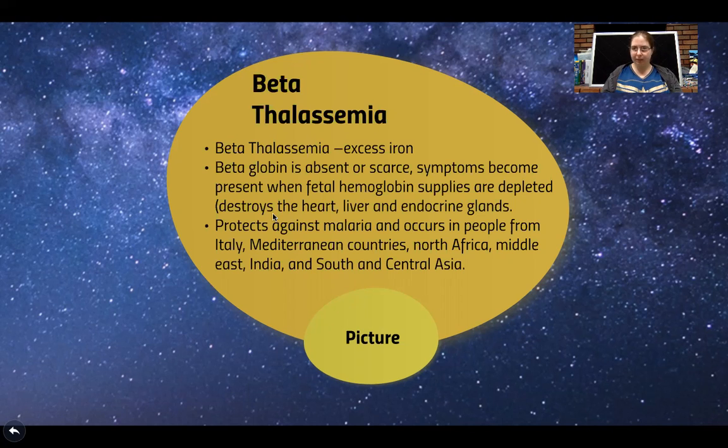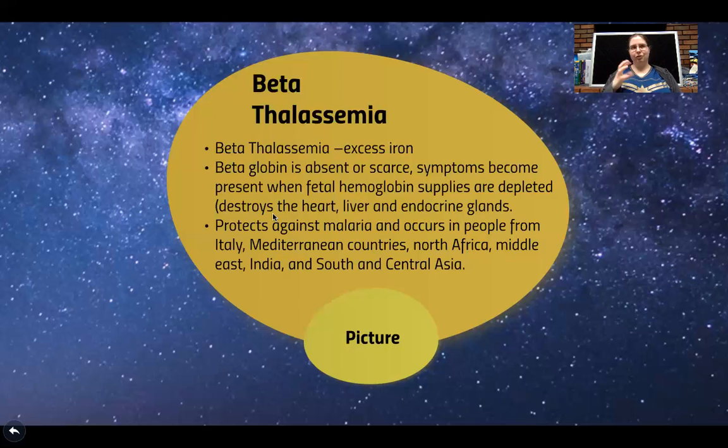As a result of this, the symptoms start later. Remember how we talked about the three types of hemoglobin: the embryonic, the fetal, and the adult? After someone is born and they switch from the fetal hemoglobin to the adult hemoglobin, there's still some fetal hemoglobin coursing through their system.